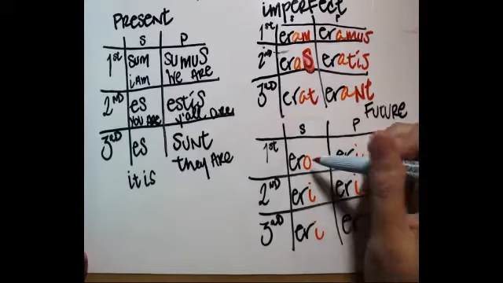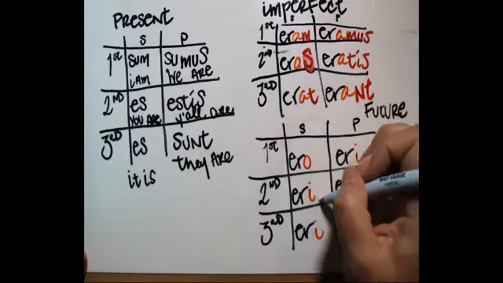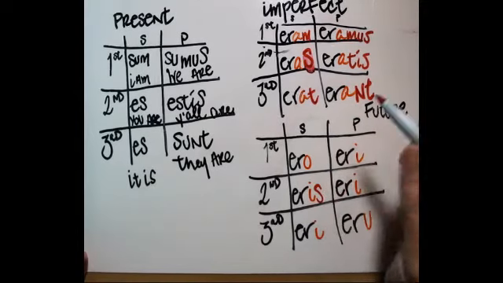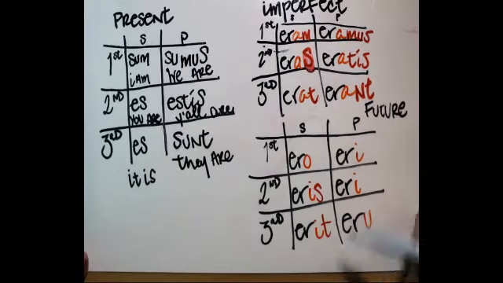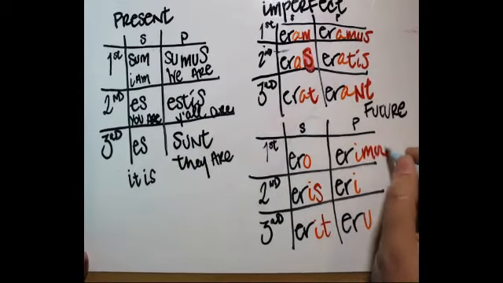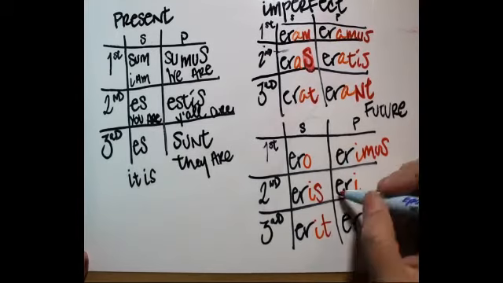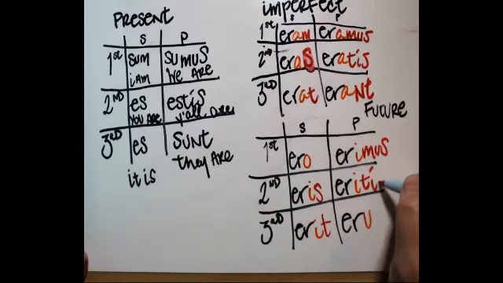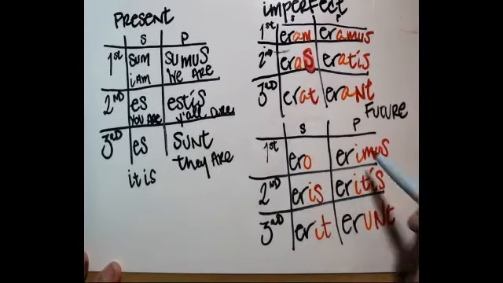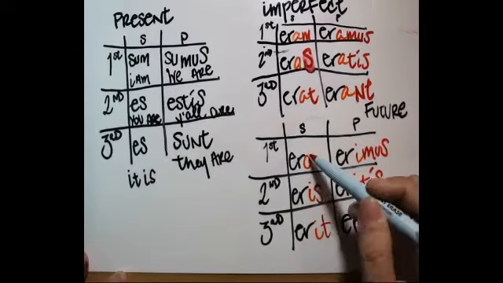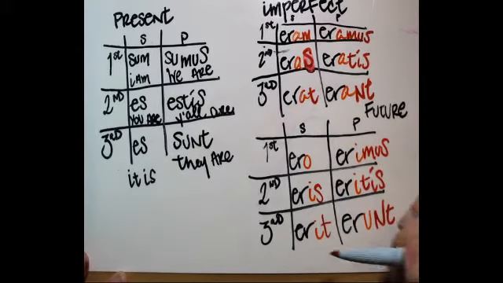No personal ending on first person singular, regular personal ending on the rest. Ero, eris, erit, erimus, eritis, erunt. I will, you will, it will, we will, y'all will, they will.